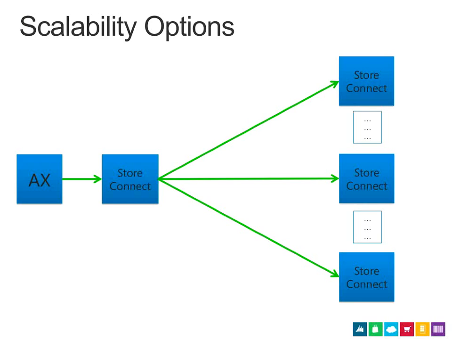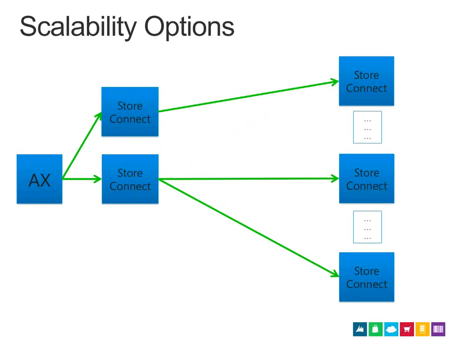Then there are additional options in terms of how you would scale out the performance. One of them is obviously just installing a new Store Connect at the headquarters, and I can show you that later.